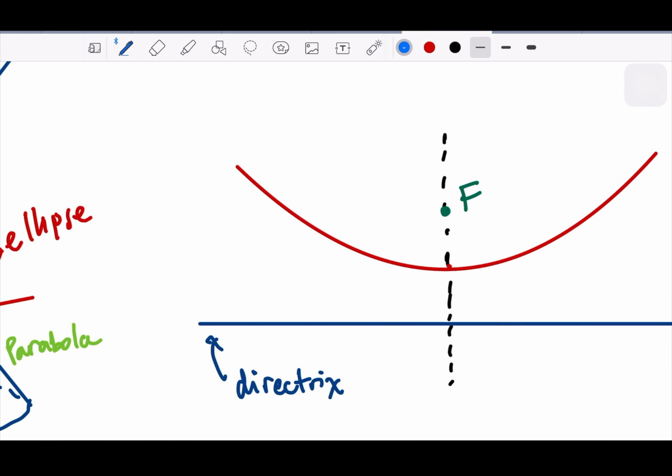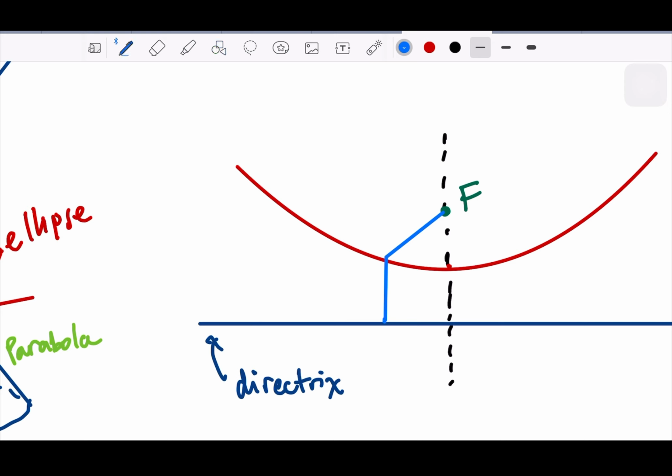So the idea is if we have F and then some distance to any point on the parabola. I can draw a line from here to here, and then from this point on the parabola, another line connecting to the directrix.